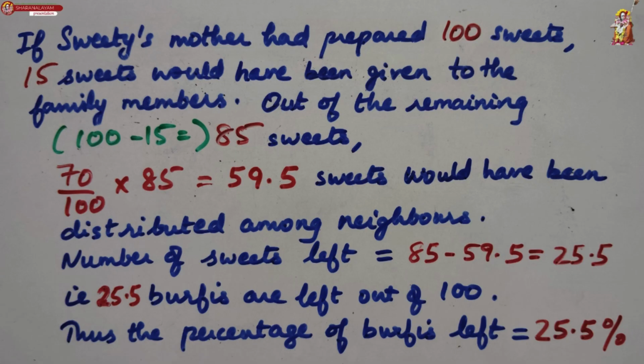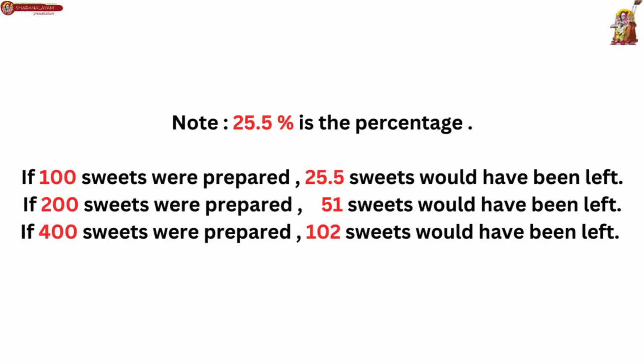So for every 100, if 25.5 burfis are left, the percentage of burfis left, per 100, will be 25.5%. Now, we have to note that 25.5% is the percentage. That means, if 100 sweets were prepared, 25.5 sweets would have been left.